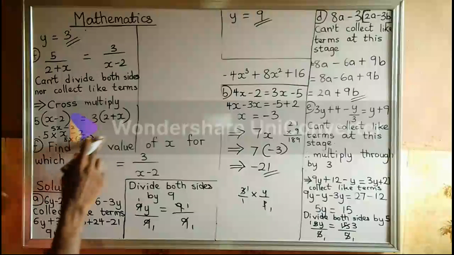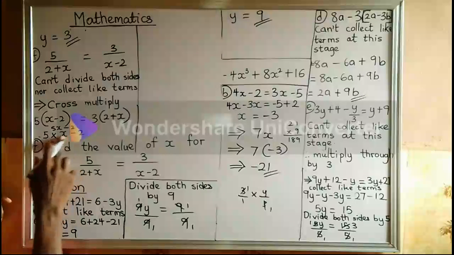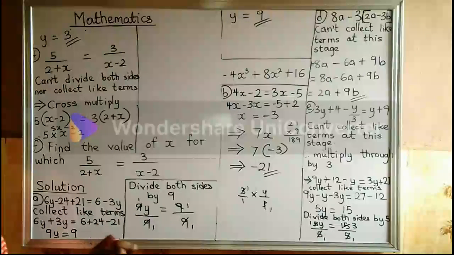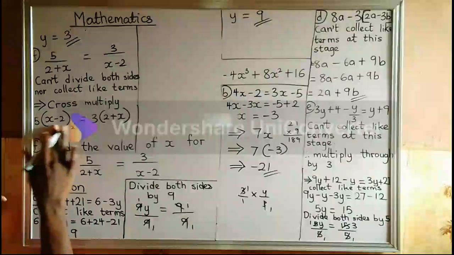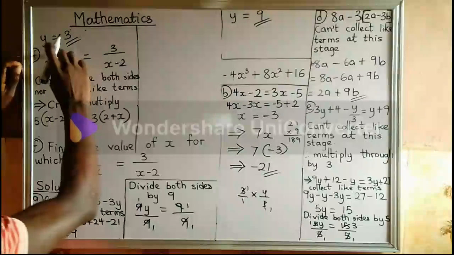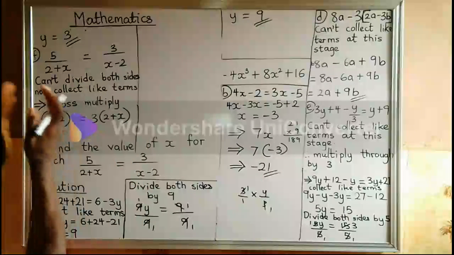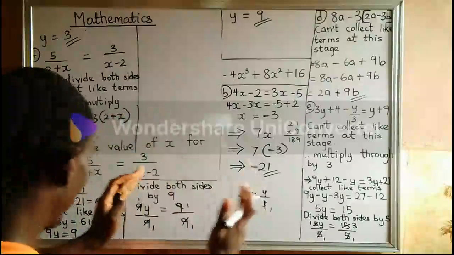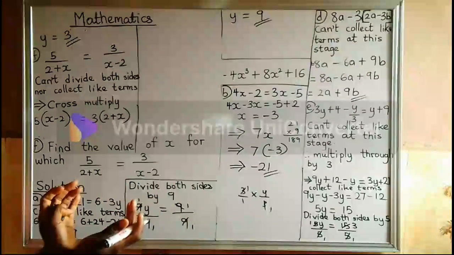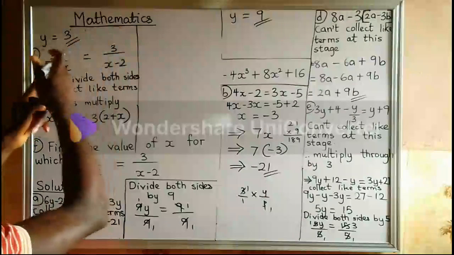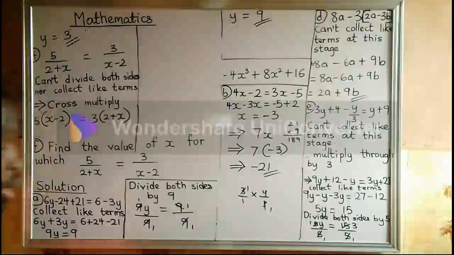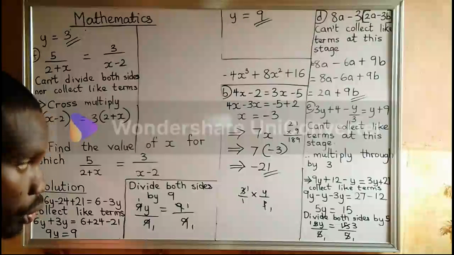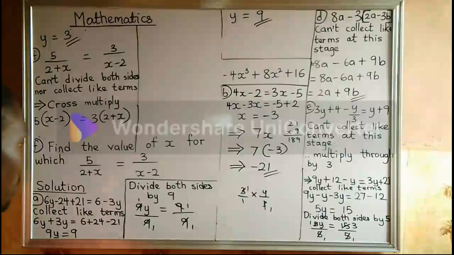So that is why whenever you are dealing with more than one entity that are together, the best thing is to just introduce a bracket to avoid confusion. So that is why I introduced bracket here. So 5 times x minus 2, to show that 5 separately is multiplied by x minus 2, which are together. Then this one too, 3 also multiplied by 2 plus x, which are together. So the bracket is just showing that they are together. We'll solve more examples when we get to that principle. So let's just proceed from here.